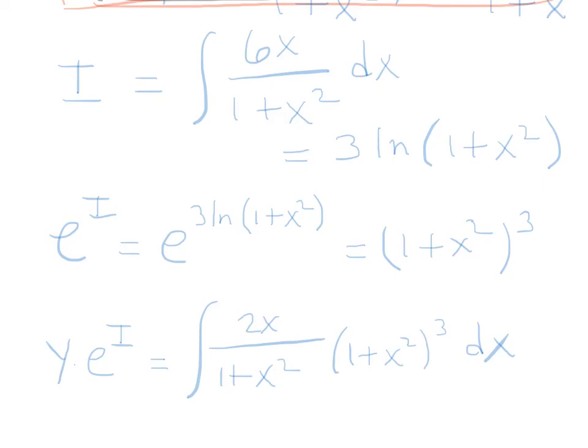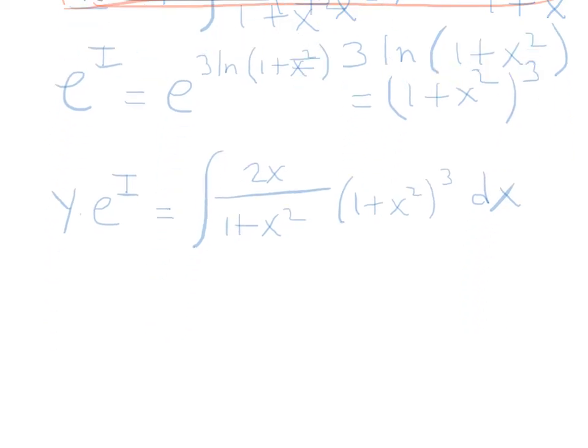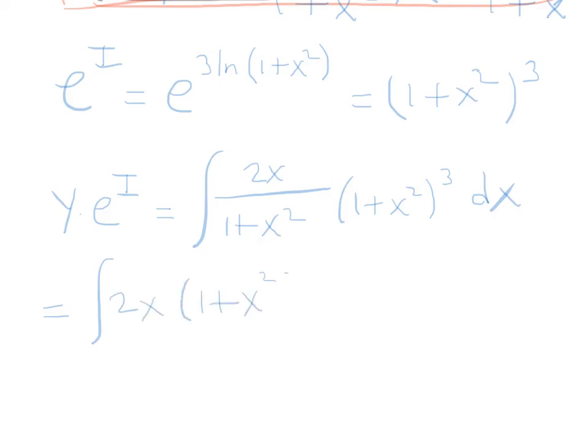And now we just need to do a bit more by way of simplification and cleaning things up. Alright, and that gives me the integral of 2x times 1 plus x squared squared dx.